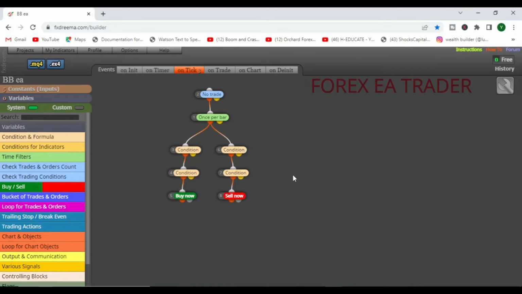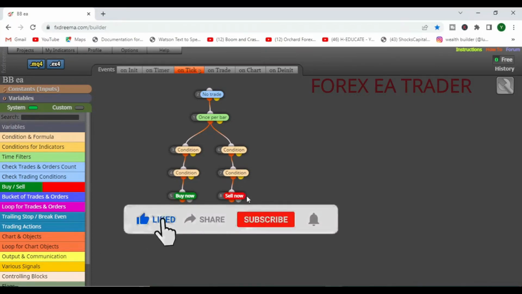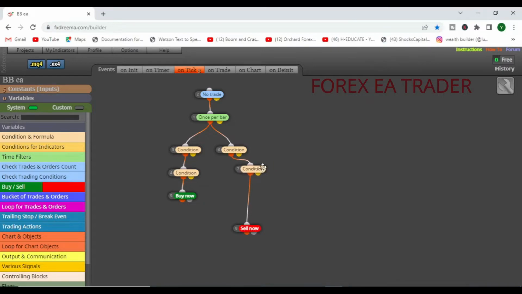For people who do not know what Martingale is, unfortunately I don't have a chart open, so maybe I can use this button and this one. Let's say, for example, you are trading support and resistance. This will be your resistance and this will be your support. It's just an example. I hope you get the picture.